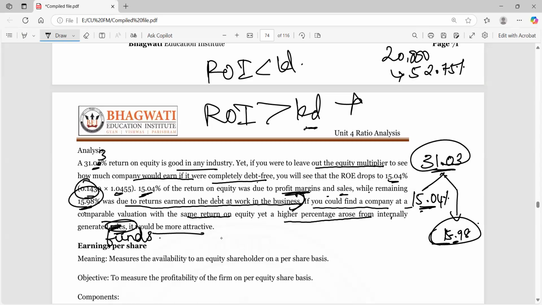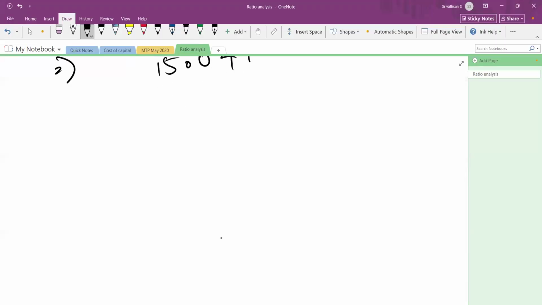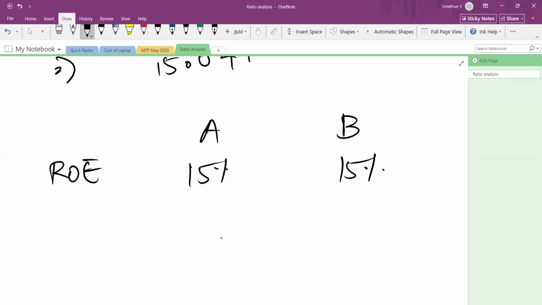So what they are saying here is, let's say there are two companies, A Limited and B Limited. Return on equity is 15% for A Limited and 15% for B Limited. Which company will you invest in? You are indifferent between both, right?